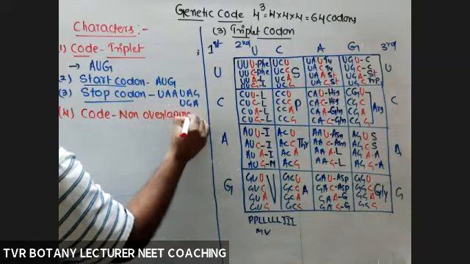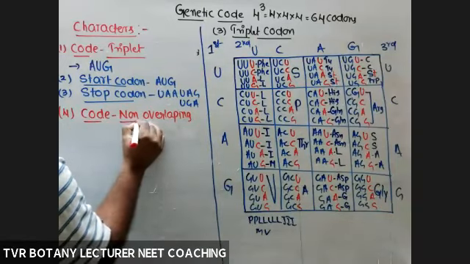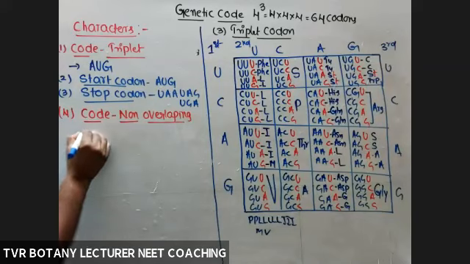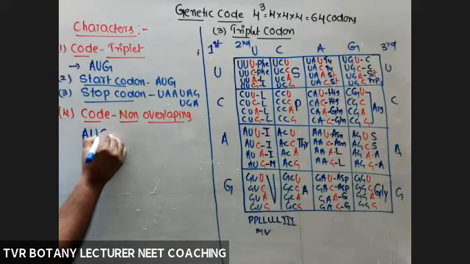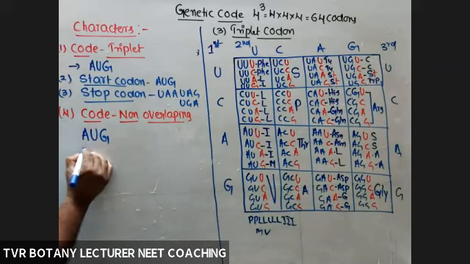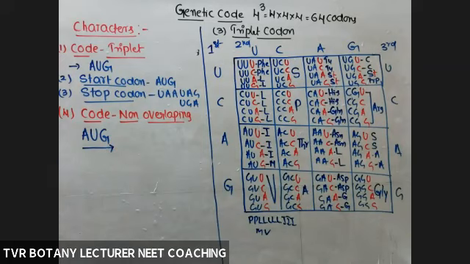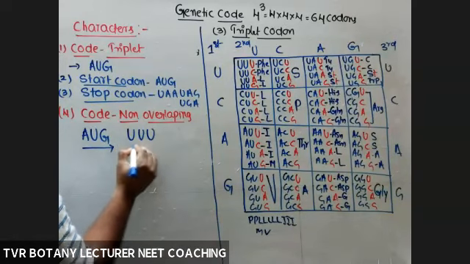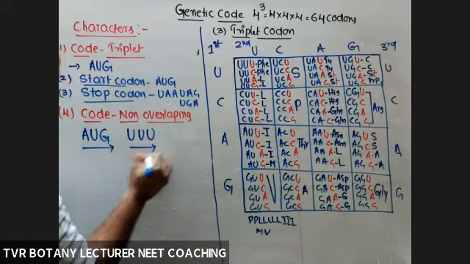non-overlapping. How to understand a code is non-overlapping? For example, AUG. The reading frame, here I'm taking reading frame. This is the way to read that one. AUG. Next, U. Start from here.